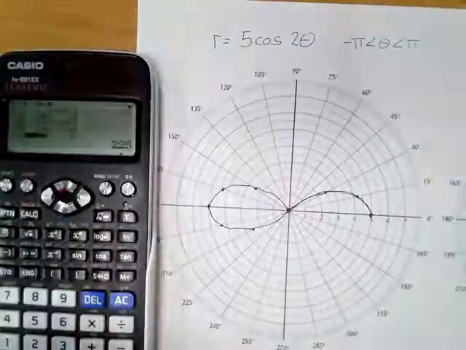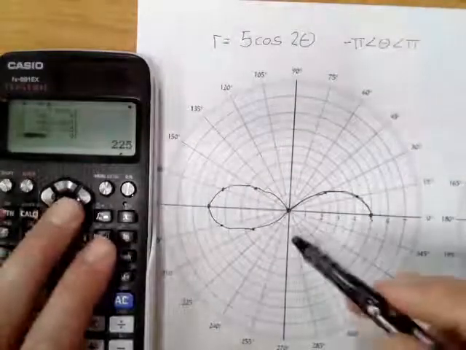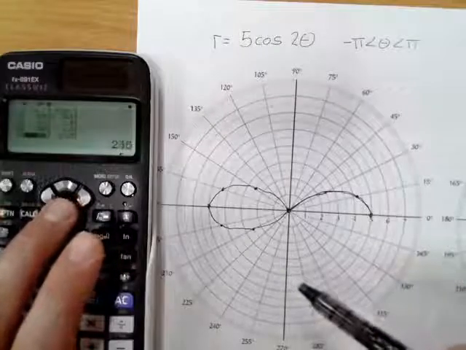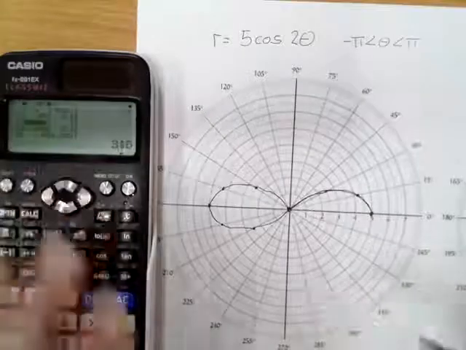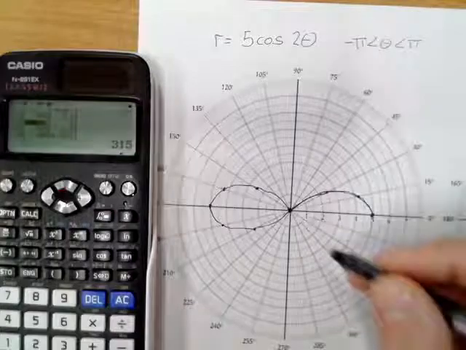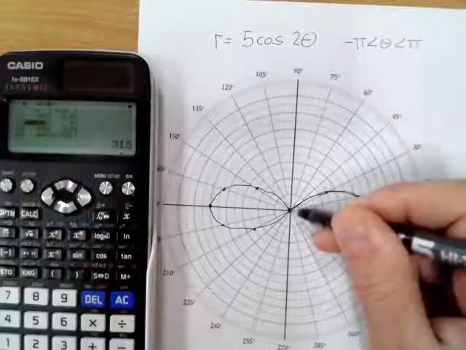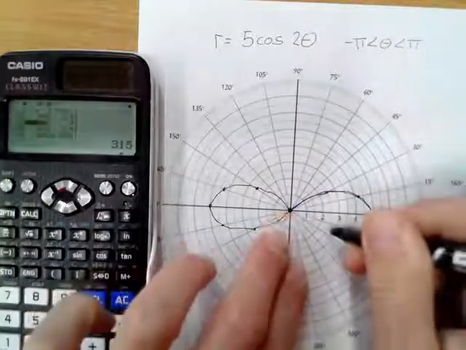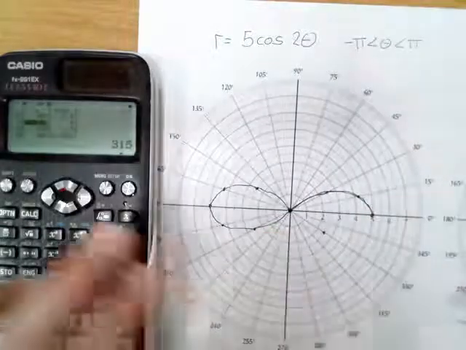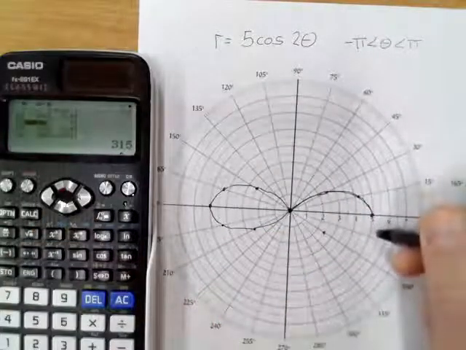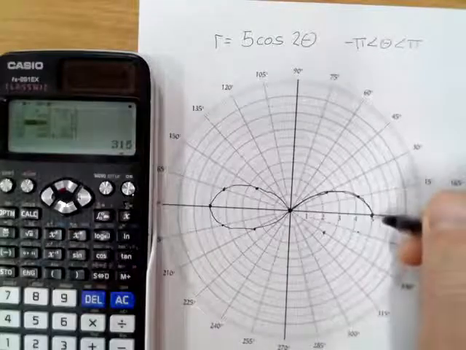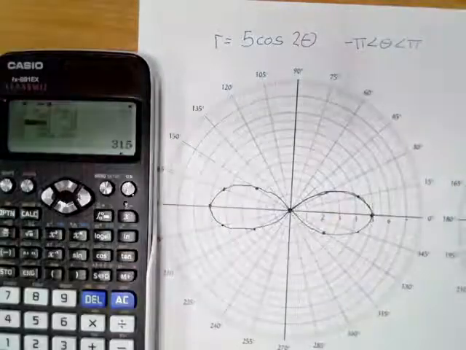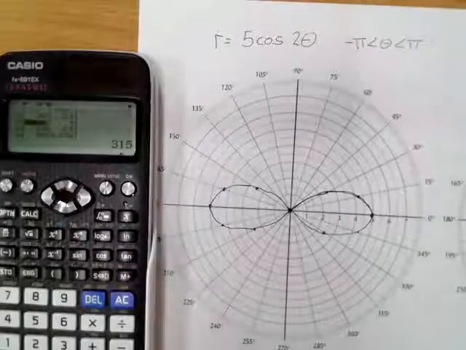And it's presumably now going to go negative again for a dead zone down here. That dead zone won't finish until I get to 315 degrees, which is here. At which point it's going to do something similar. It's going to go out at 330 to 2.5, which is there. And then at 345 it's going to go out to 4.3, which is there. And I'm going to join it up, and I'm going to get this kind of propeller shape here like that.